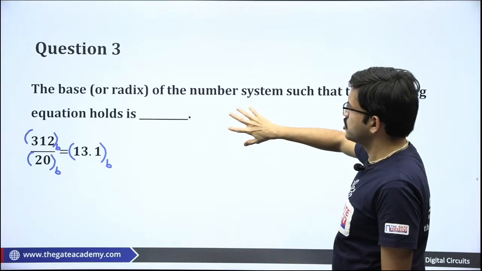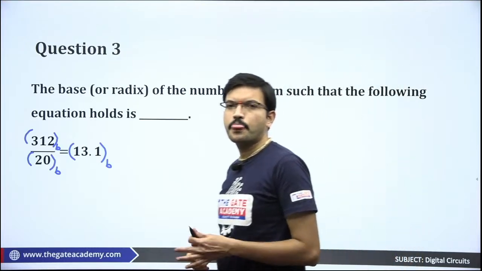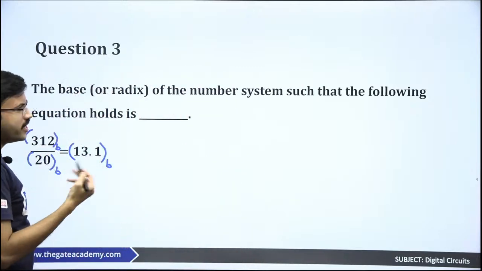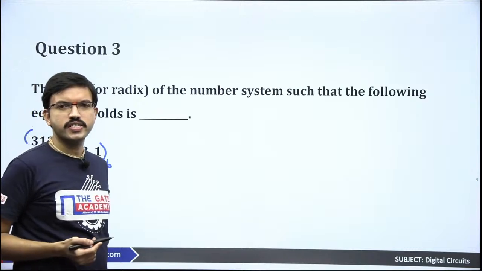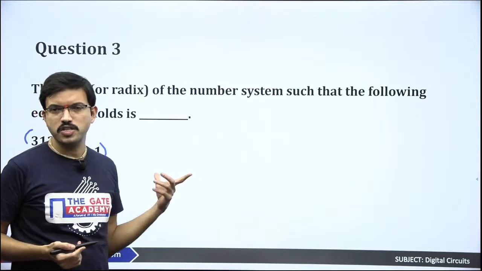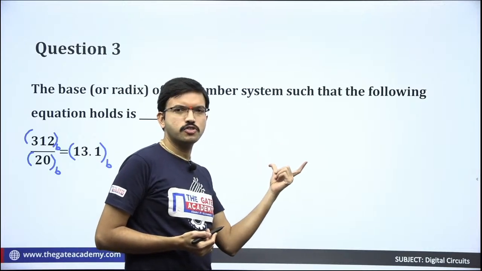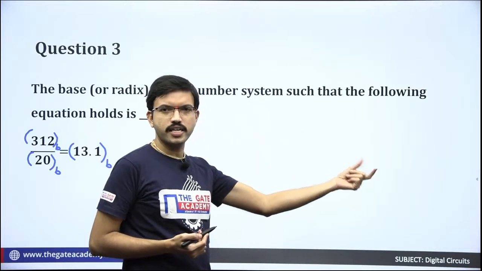First, I will explain this question by using the shortcut method. Yeah, very good, Meghna. In the afternoon session, we discussed one question related to finding the base only. There, on the left hand side you are having the addition of two numbers, and on the right hand side you are getting the resultant value.